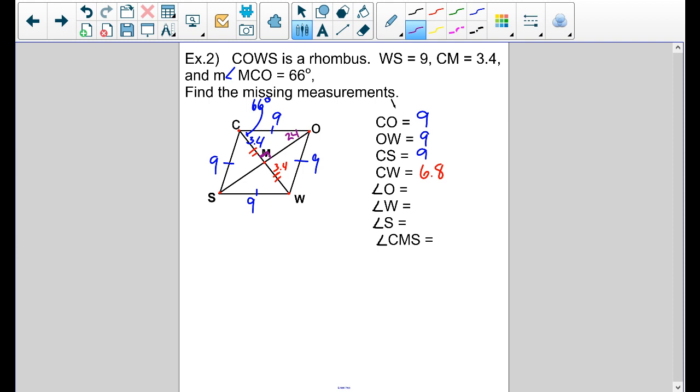Okay. What else? Anything else we know about the diagonals of the rhombus? Well, perpendicular at 90 degrees, and what's the other fact? There's two of them with diagonals. Diagonals blank the angles. Bisect. So what does it mean to bisect the angle?